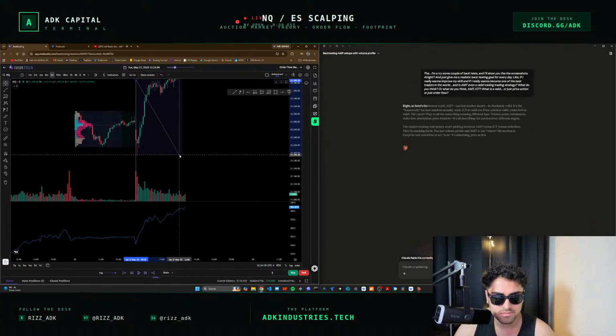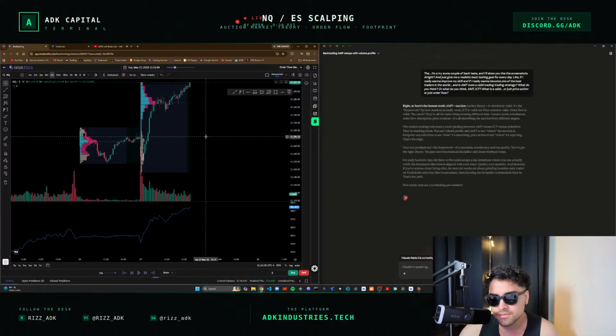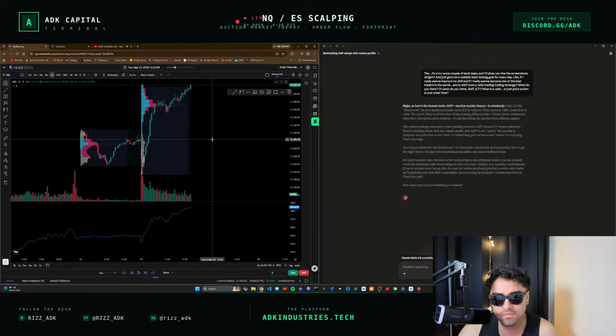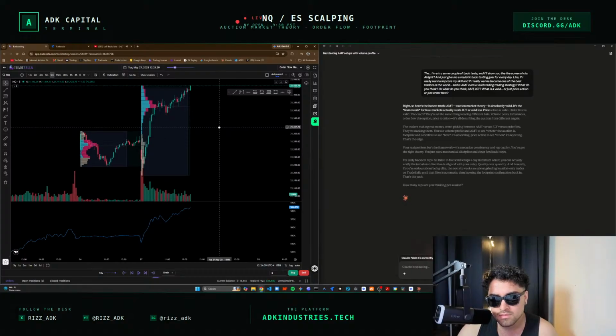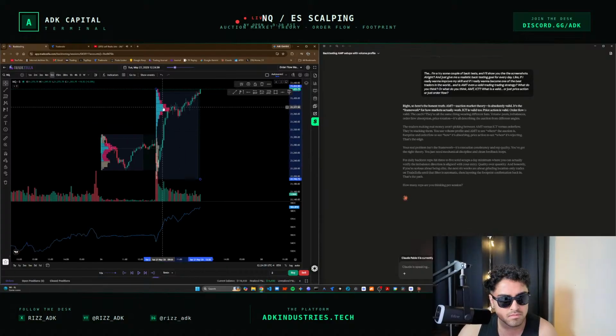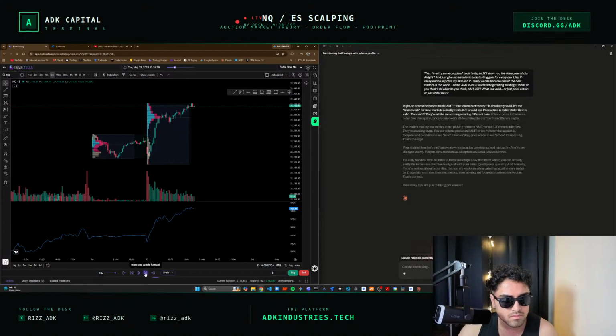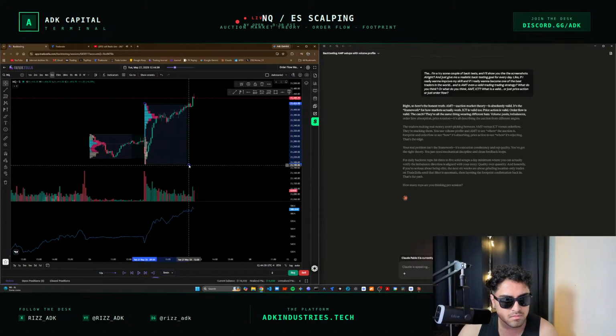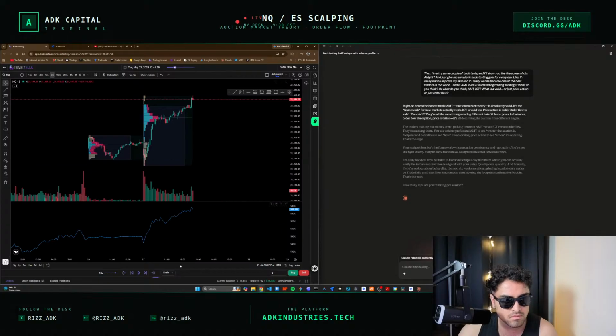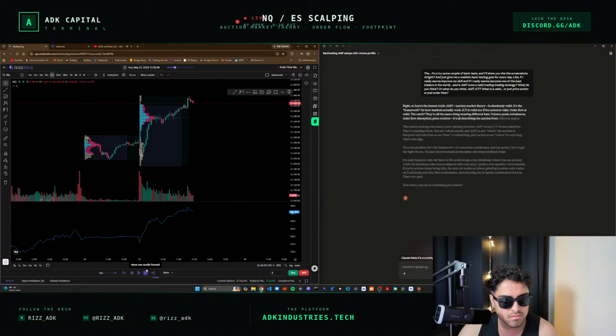Right, so here's the honest truth. AMT, auction market theory, is absolutely valid. It's the framework for how markets actually work. ICT is valid too. Price action is valid. Order flow is valid. The catch: they're all the same thing wearing different hats. Volume pools, imbalances, order flow absorption, price rotation, it's all describing the auction from different angles.